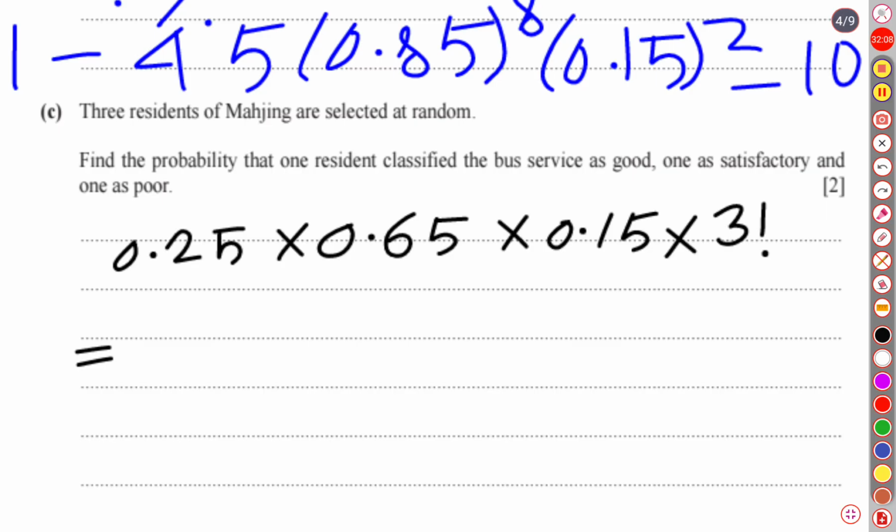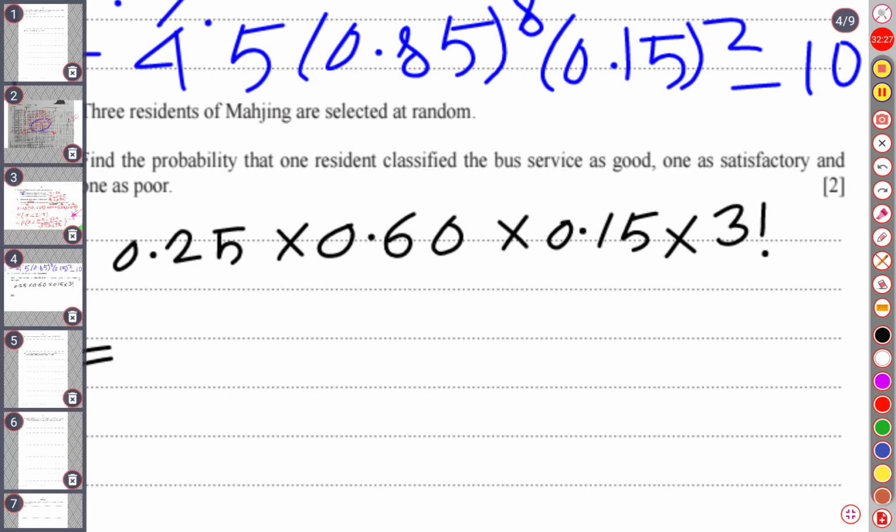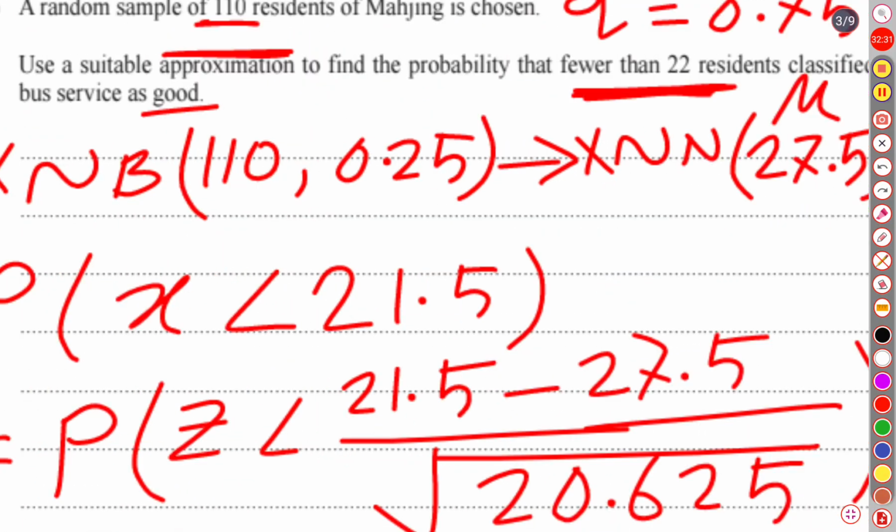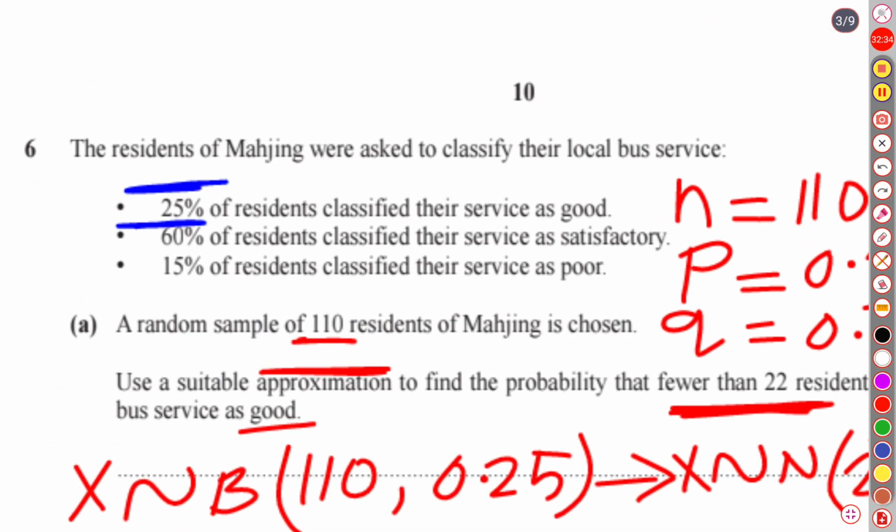So it is going to be the probability. Did we write the probability correctly? No, there is something missing. It is not 65, actually 60%. 60% of the residents classified this as satisfactory. Let us go back to the first page. It was 25%, 60%, as well as 15%.